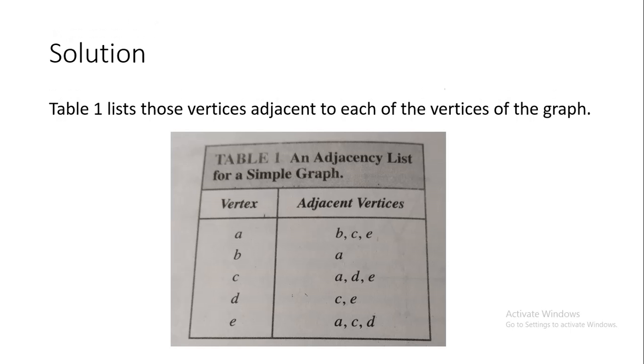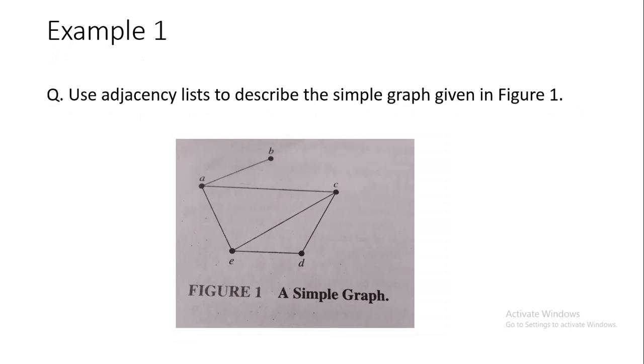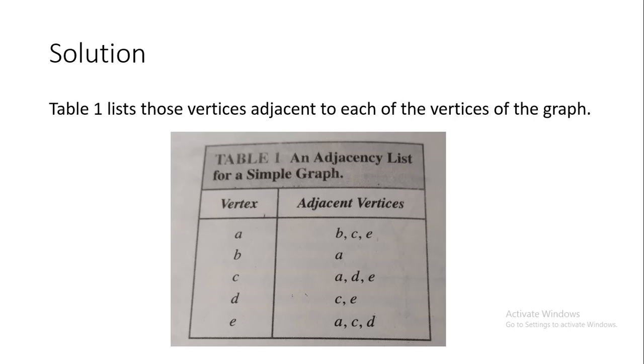See here the solution. There is one table and that table contains 2 columns. The first column is the vertex, which are given in the graph: A, B, C, D, E. The second column is the adjacent vertices; for each and every vertex, you have to find the adjacent vertices.